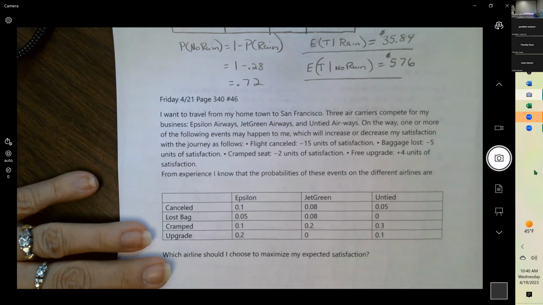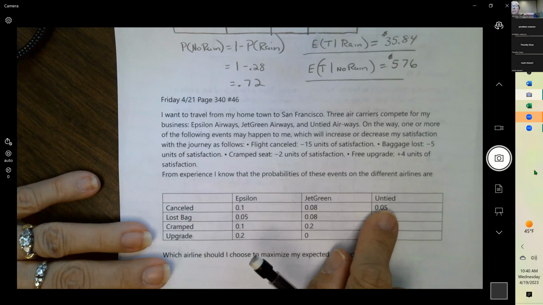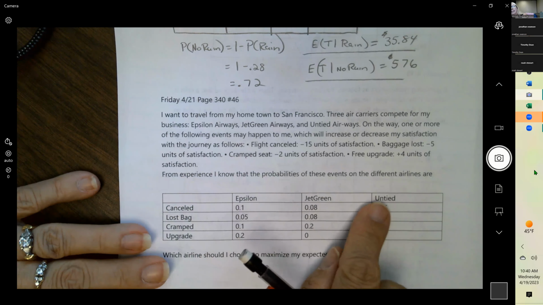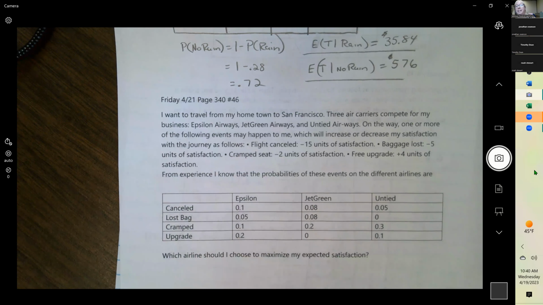I want to travel from my hometown to San Francisco. 3 air carriers compete for my business: Epsilon Airways, Jet Green, and Untied Airways.